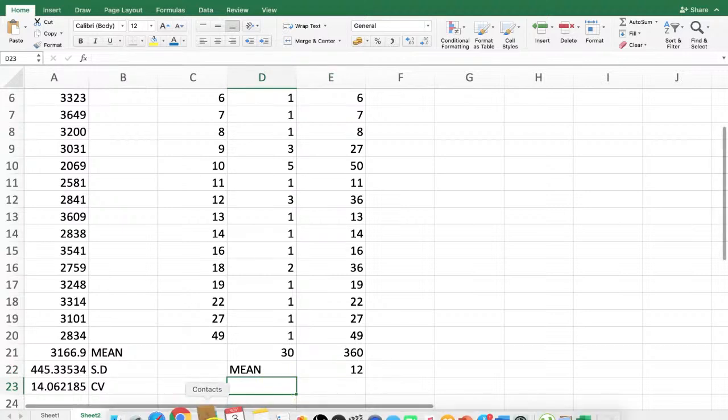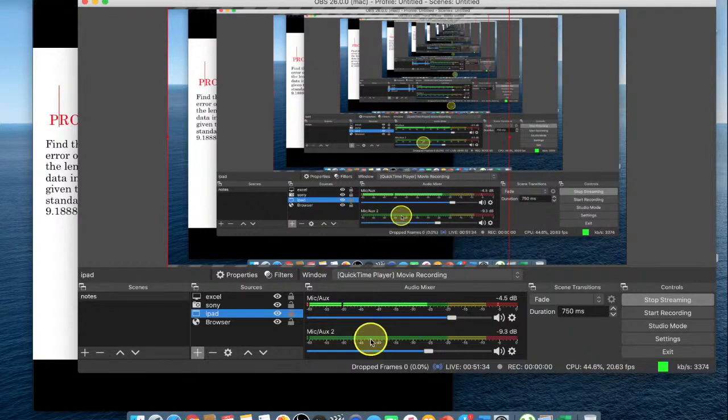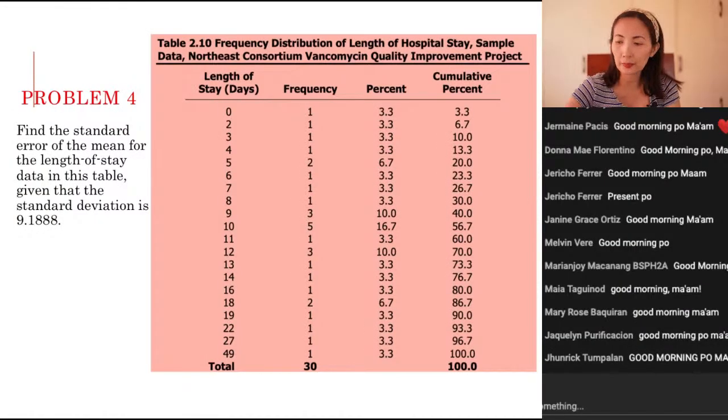Going back to the problem, the standard deviation is already given as 9.188. We don't have to compute the standard deviation; it's already provided. What are we going to solve for?